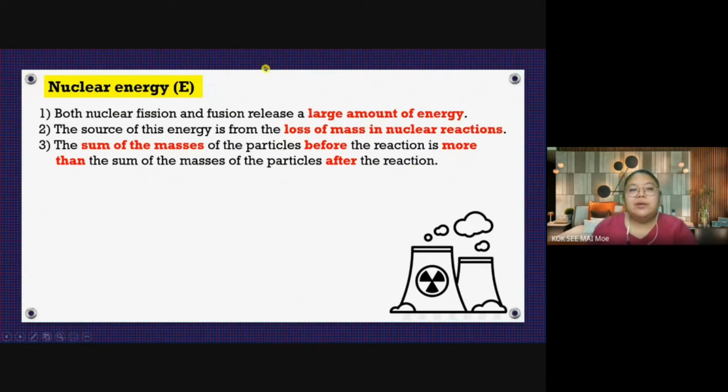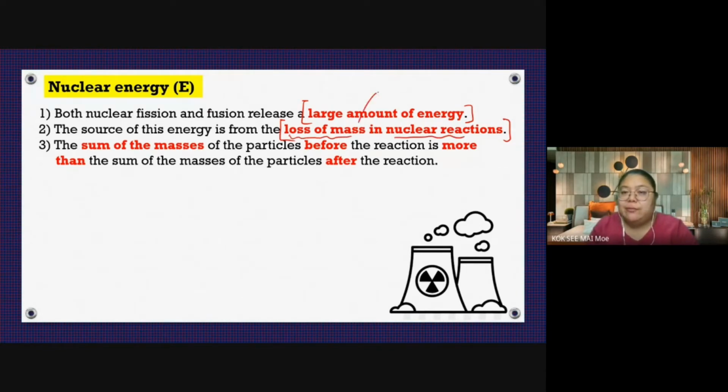Okay, now we're going to see how to do the calculation for nuclear energy. Both nuclear fission and also fusion release a large amount of energy. The source of this energy is from loss of mass in the nuclear reaction. So they tell you the source of this energy comes from the loss of mass in the nuclear reaction.